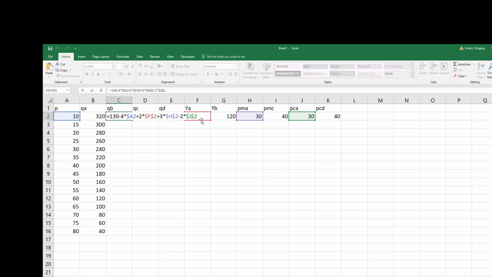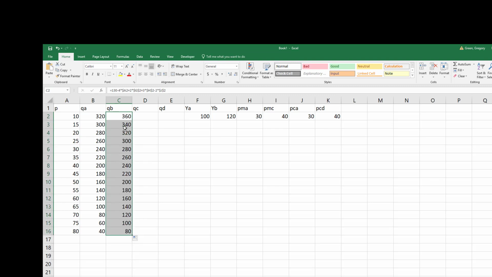Well, I don't want that. I want the income level to be what's in G2. So I grab it and I move it. So now G2 is there instead of F2. Okay. My income increases and the quantity demanded of this good also increases. By how much? Well, by 40 units each time.